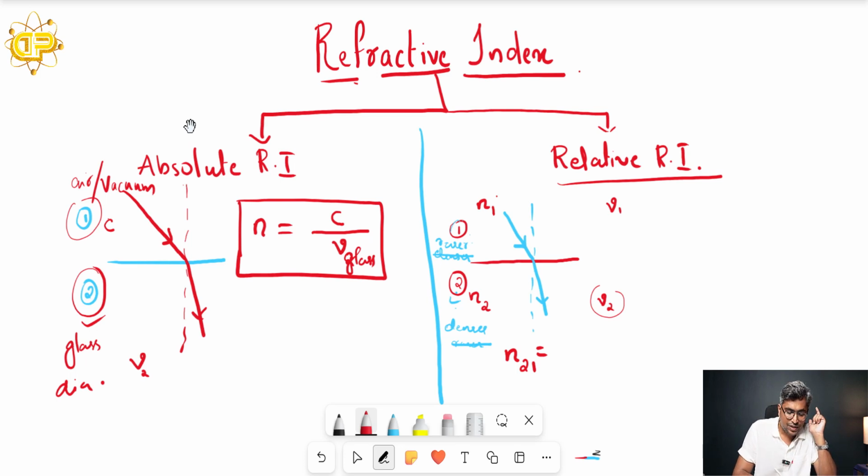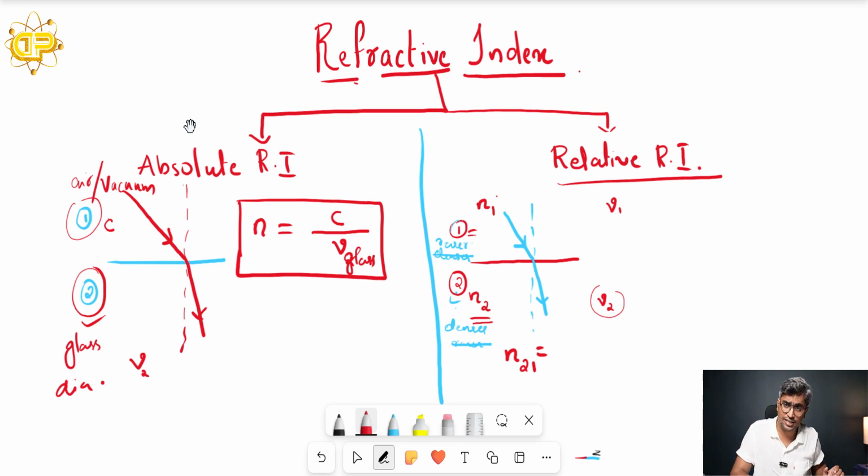Keep that in your mind. So here n21. What does n21 denote? The refractive index of medium 2 with respect to medium 1. We are just comparing with medium 1 and finding the refractive index of medium 2.